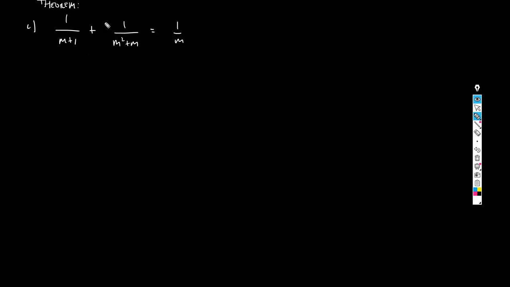I want to demonstrate that all of this is equal to this, and my approach will be to manipulate all of this expression so that it ends up looking like this. And I need to do some algebraic manipulations, some additions, okay? Remember, guys, there is no way in which you can know what you need to do in advance. There is not a recipe for these demonstrations. You have to be creative.